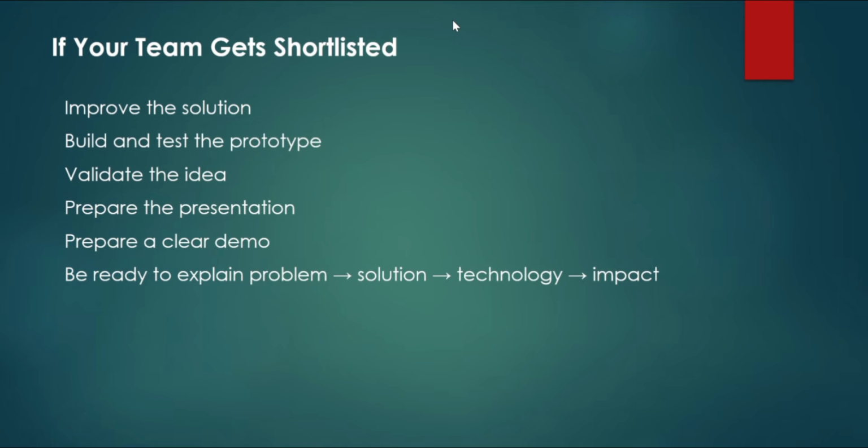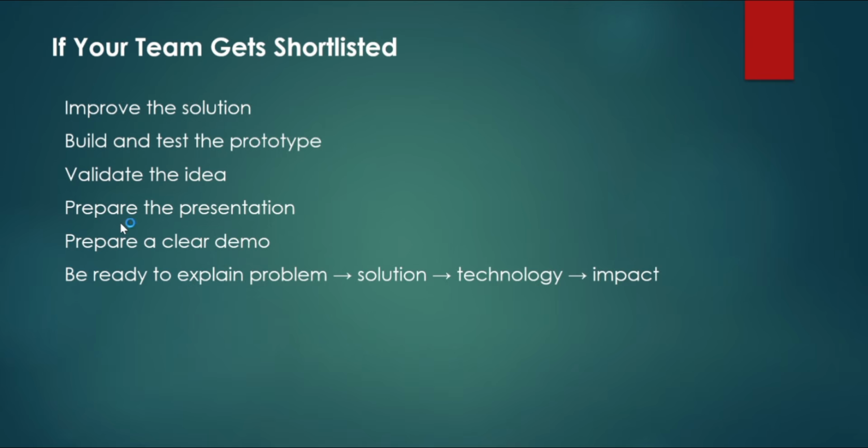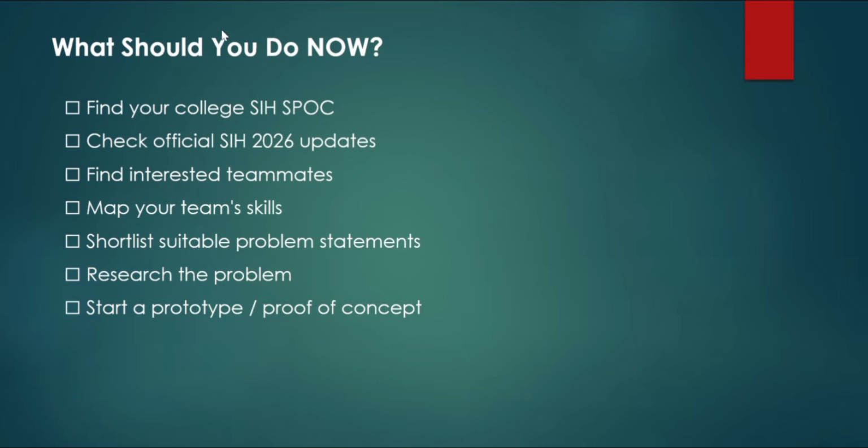Actually, this is not needed now in this video, but I'm just giving you an idea, telling it in brief. Suppose your team gets shortlisted. Improve the solution, build and test the prototype properly, validate the idea, prepare the presentation very well, and prepare a clear demo. A clear demo, in the sense, can be a video or something to present. Next, be ready to explain the problem, solution, the technology you have used, and the impact it shows.